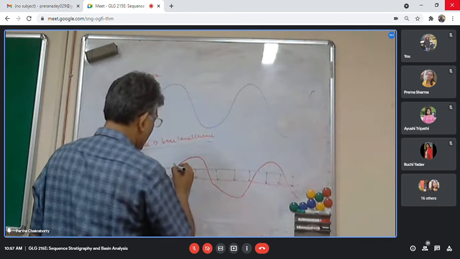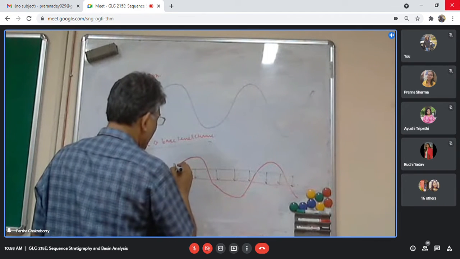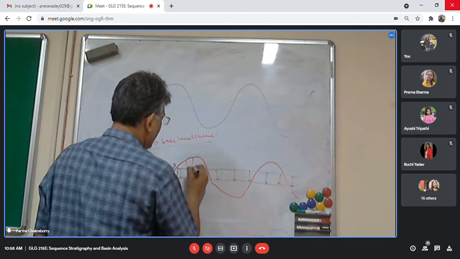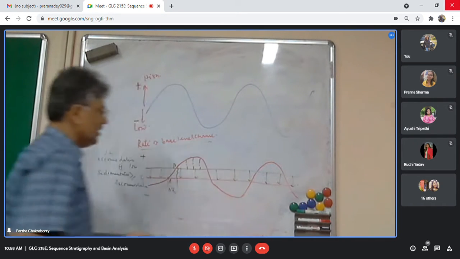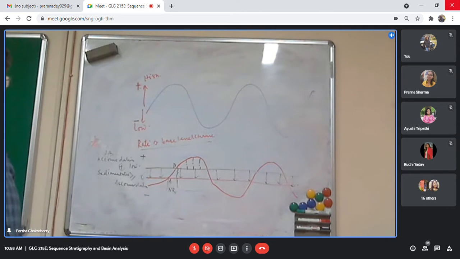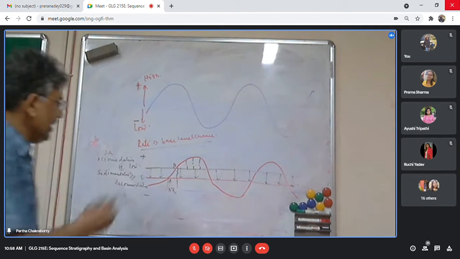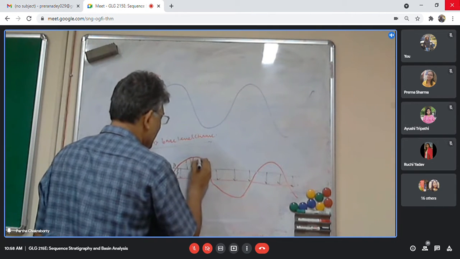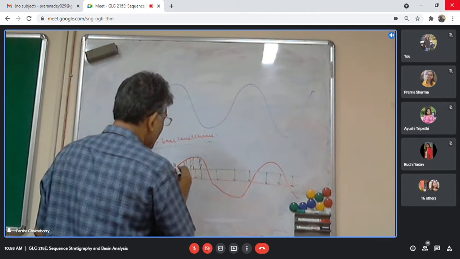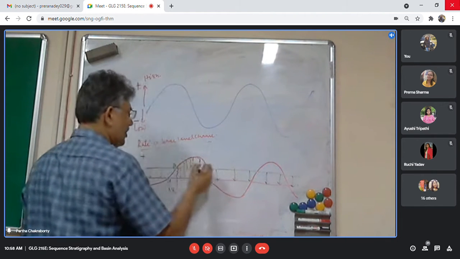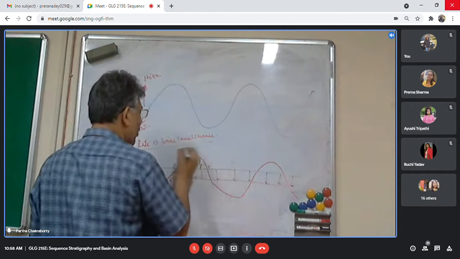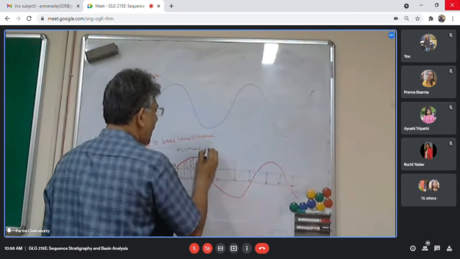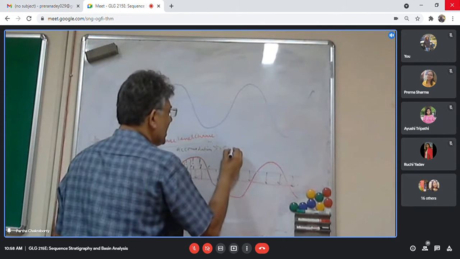Now, what will happen when you are here? Here, your accommodation generation is this, and your sedimentation is lower than the accommodation. So it is BC. In the BC part, the accommodation is more than the sedimentation.